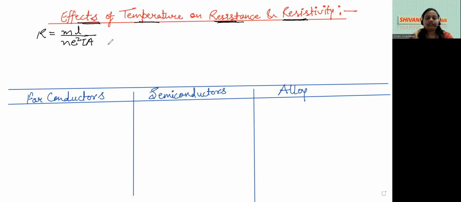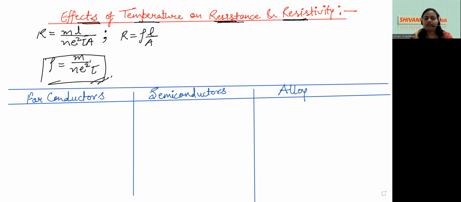Just now we wrote R is equal to rho L upon A. If we compare both of these, we get rho is equal to m upon n e squared tau. This is the formula of resistivity.